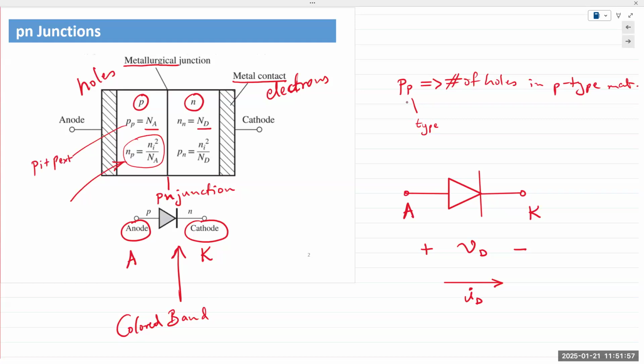So the number of atoms that you're implanting in there are the only reason why we have the external number of holes. So you divide Ni square by the number of external atoms that come in. It cancels out the intrinsic, and what's left behind is the intrinsic electrons. Okay, and the same thing on the right.